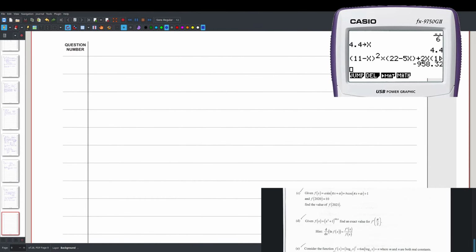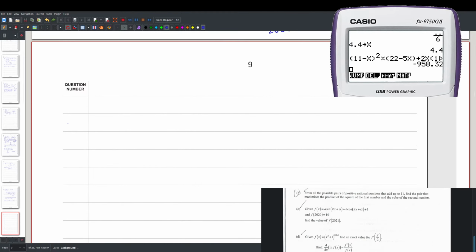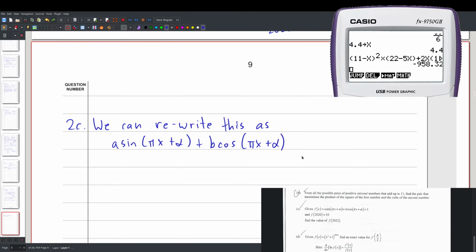So now it's 2C. Oh, this is like a dumb question, bro. We can rewrite this as a sine(pi x plus alpha) plus b cos(pi x plus alpha) plus 1 equals c sine(pi x plus beta) plus 1.